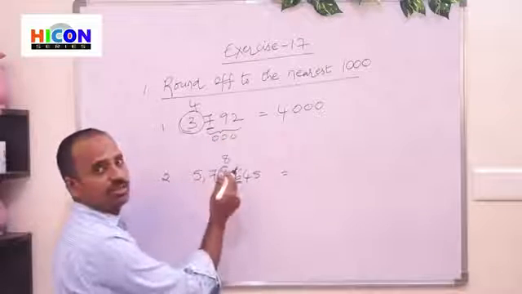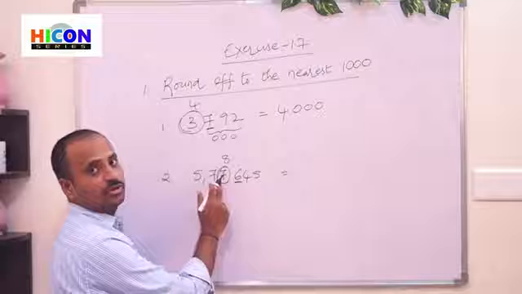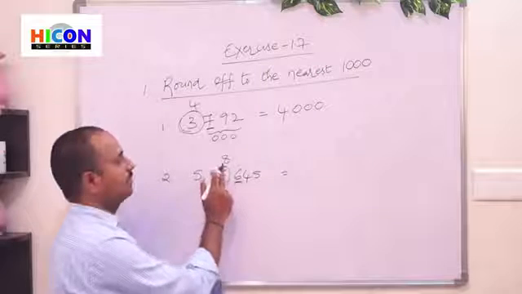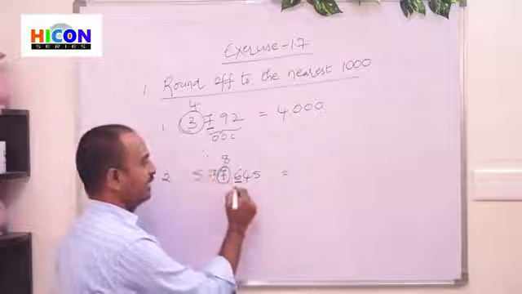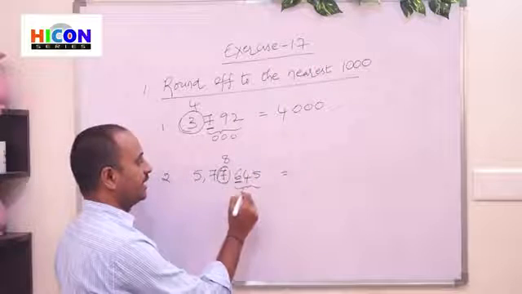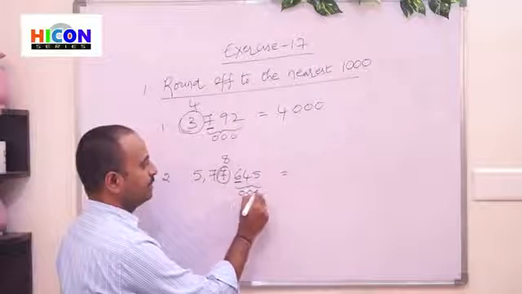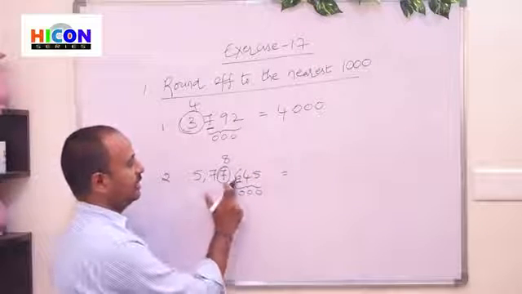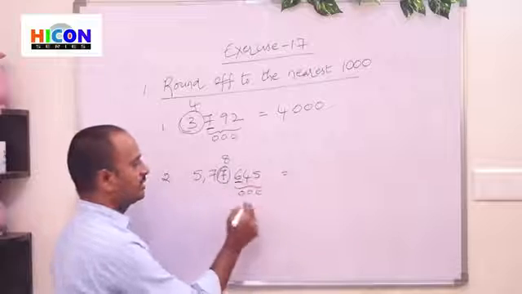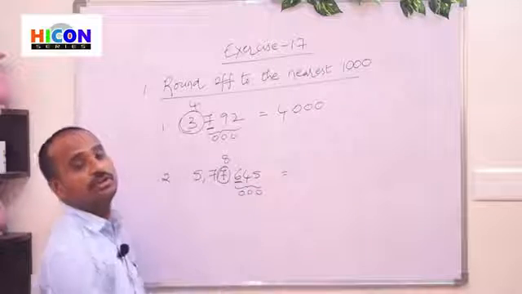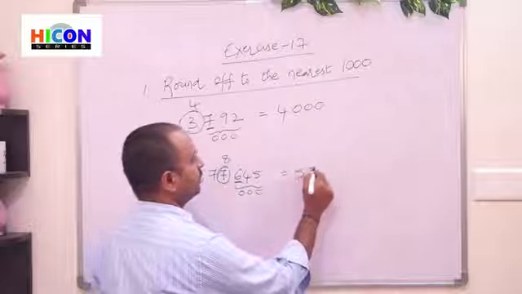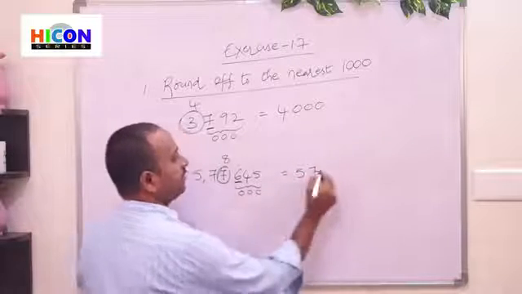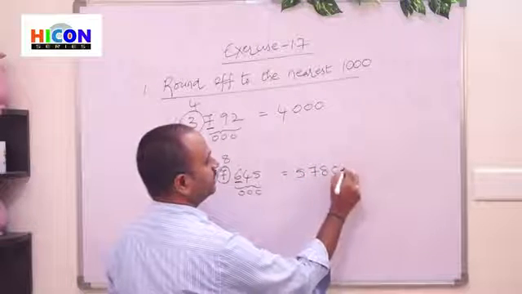So after 7,000 we will get 8,000. So write 8,000s and keep zeros for the remaining digits present after thousands place. There are 3 digits after thousands place. So write 3 zeros after thousands place. So the number becomes 5,78,000.